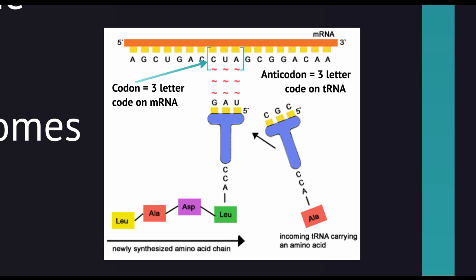An anticodon is a three-letter code on the transfer RNA. So here we have a transfer RNA. At one end it's got the anticodon, and at the other end it's holding on to an amino acid. This one's carrying alanine, this one's carrying leucine. And notice that each one has a unique order in its anticodon. So the codons and anticodons can match up by base pairing rules.